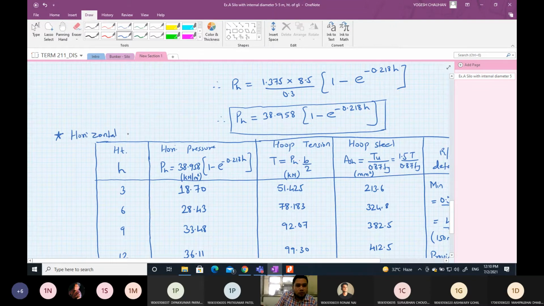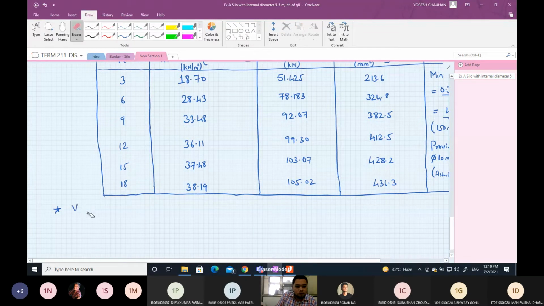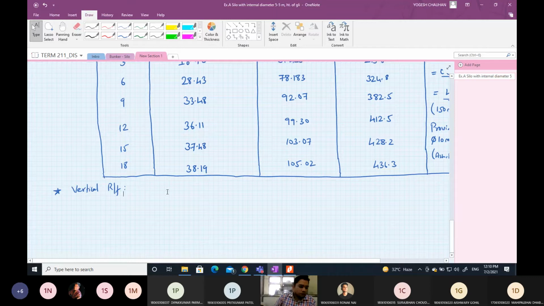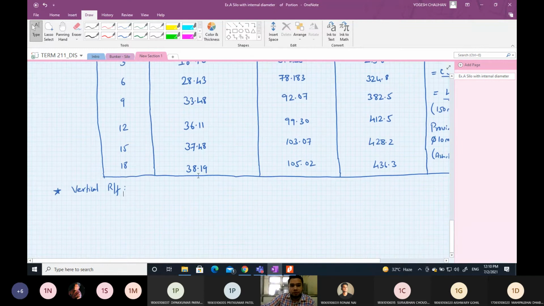For vertical reinforcement, since the value of K is equal to 1, the vertical pressure will also be the same as this.